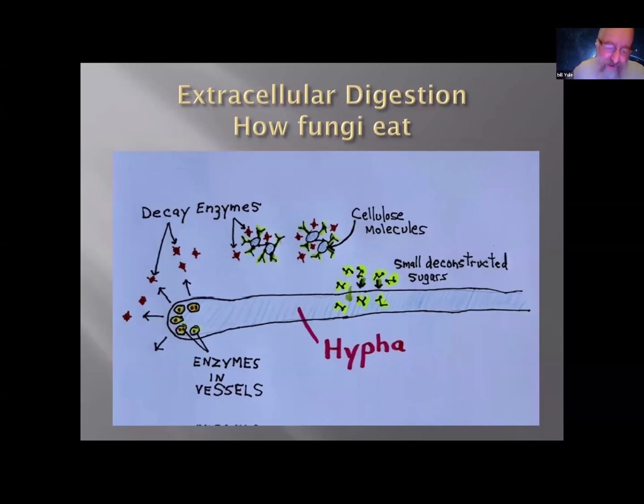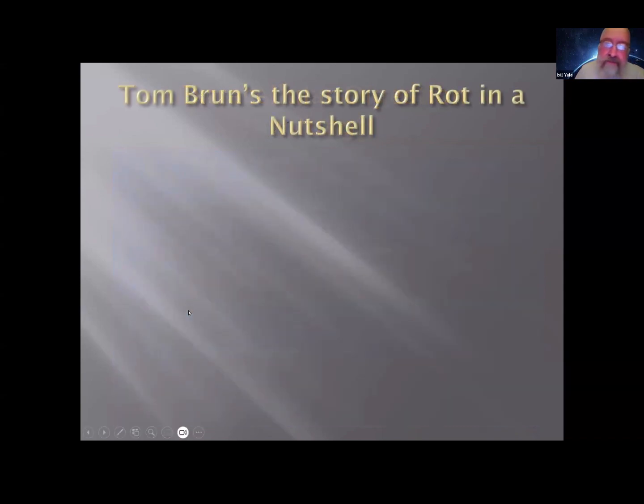And the Spitzenkorper is sort of like the command center where the nucleus of the fungal hyphae decides what chemicals it needs to decay whatever the substrate is. So the Spitzenkorper is organizing the creation of these little vesicles.